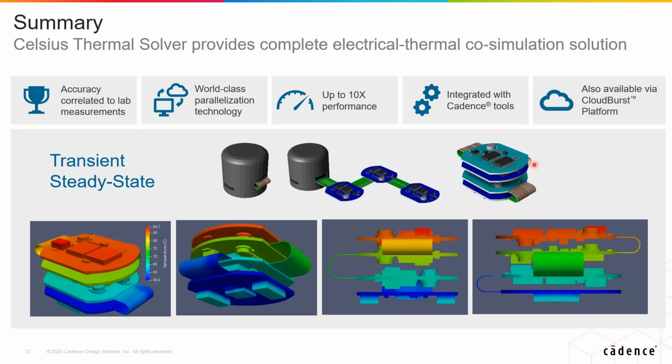And this tool has been implemented to integrate with other Cadence design tools, including Voltus, Virtuoso, Allegro, and is readily available on a cloud platform. And next, I'd like to show how to operate the Celsius Thermal Solver with some demonstration.